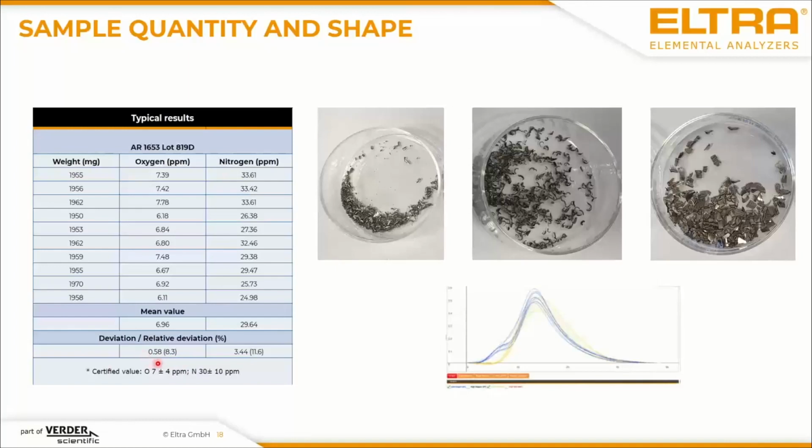The deviation is only 0.5 ppm for oxygen. The relative deviation is 8% here, and for nitrogen, the deviation is 3.4 ppm, so quite low and absolutely within the ranges which are acceptable usually and certified for these kinds of standards.